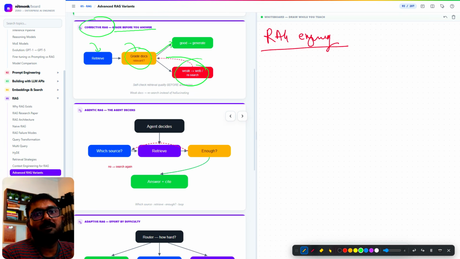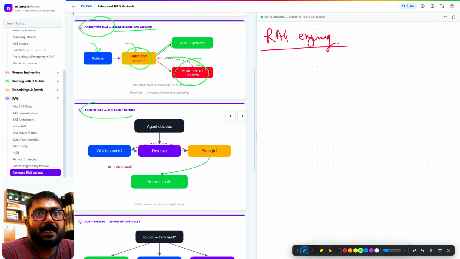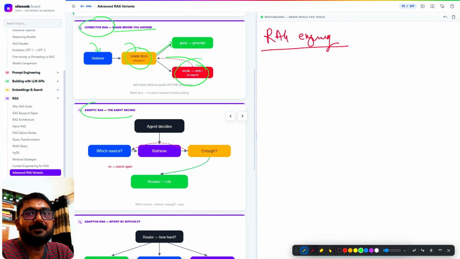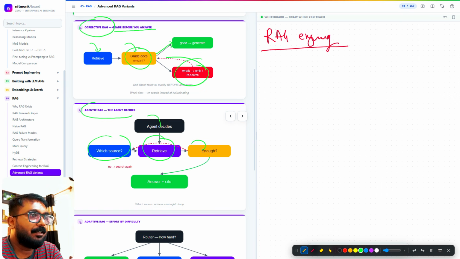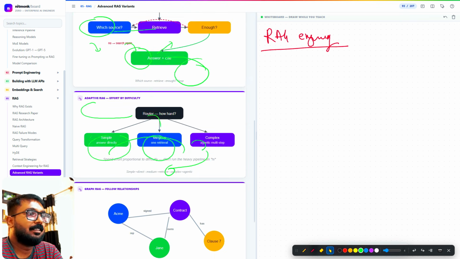That is corrective RAG. You have to keep correcting until you get a better answer. There is agentic RAG. The agent decides if the output that retrieval has given is correct or not. Then the agent decides which source to retrieve from, and if enough, it answers. Otherwise, it keeps going on until you get the answer.